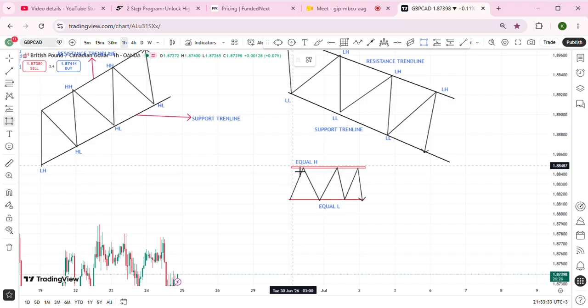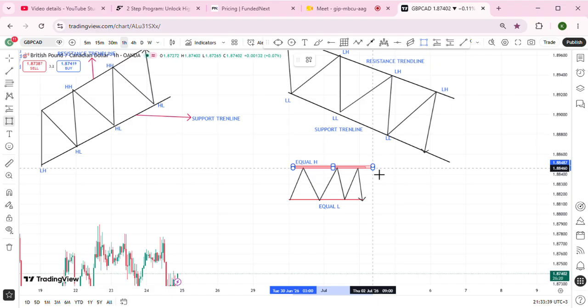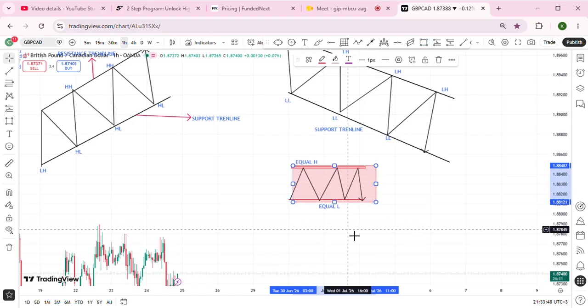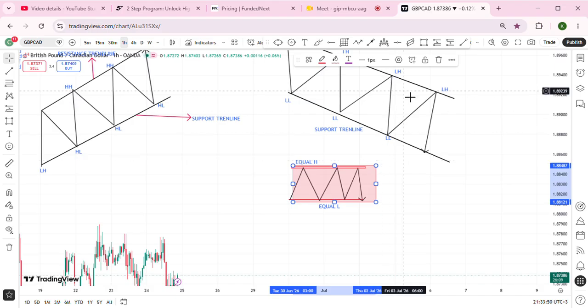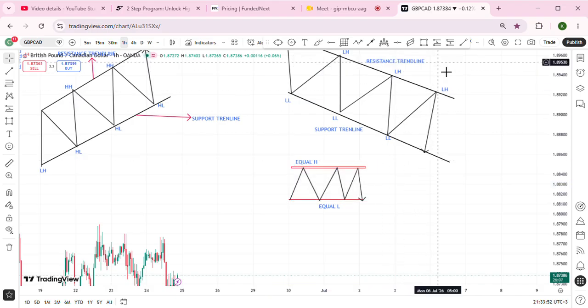You can use a rectangle to mark the zone, because the market will not be touching one point always. Or you can draw your rectangle over the entire consolidation area, then wait for the market to go out of that rectangle. That's still going to be okay.